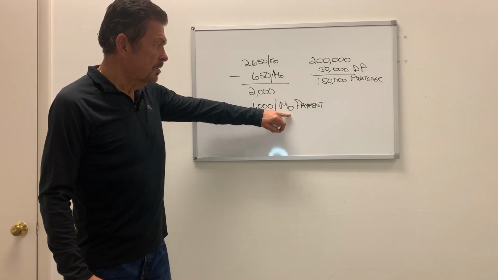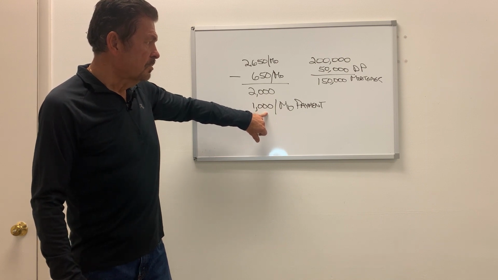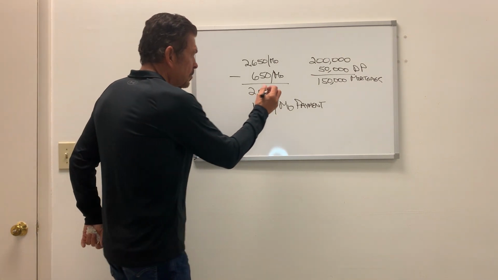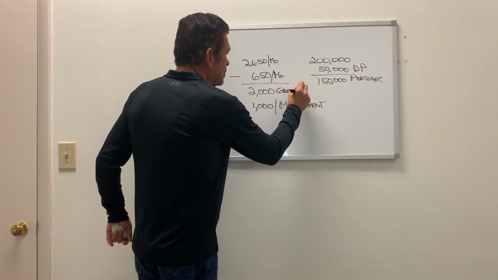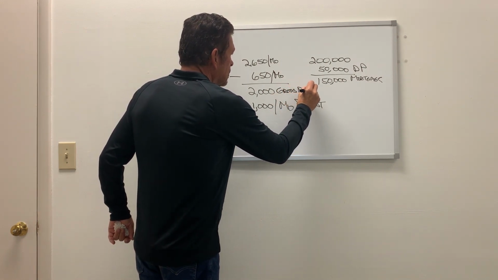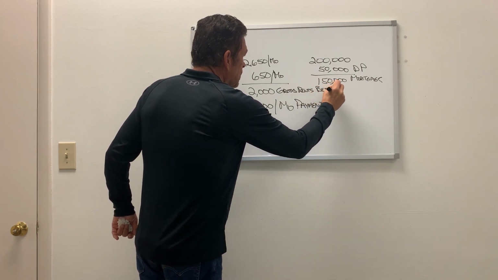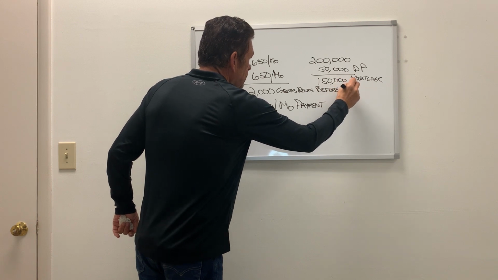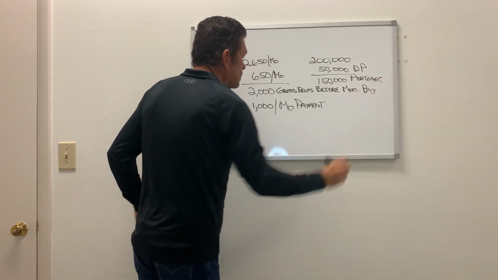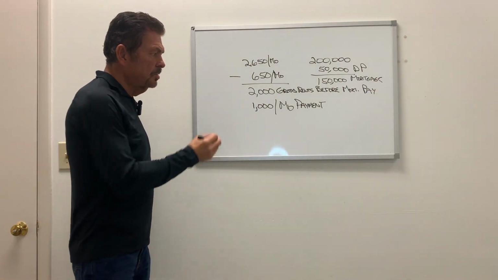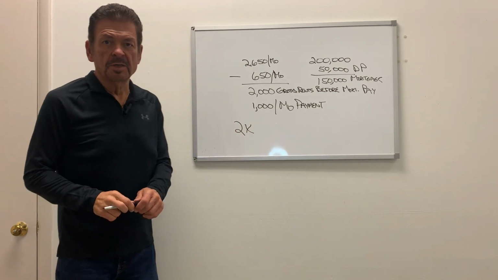So in this particular case, if your payment is $1,000 a month and your gross rents before mortgage payment is $2,000, that would mean that you have roughly a 2 times debt service ratio.